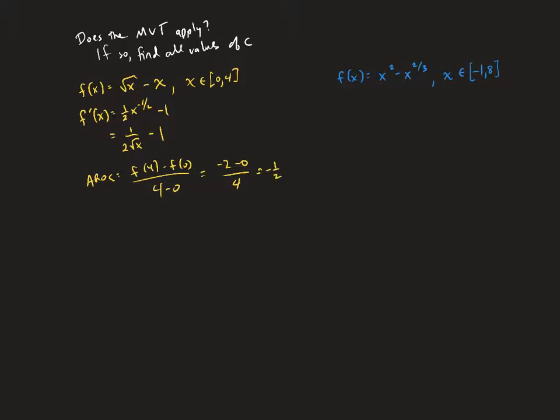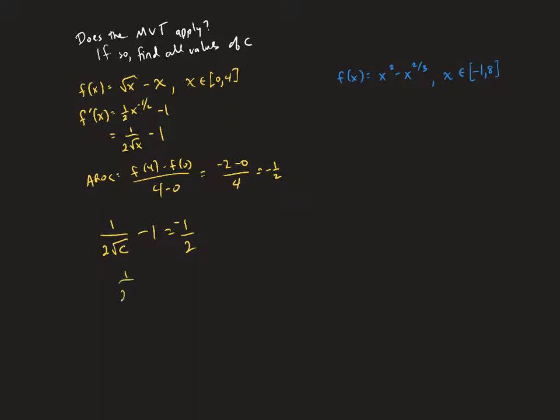So now, if I'm looking for the values of C at which the IROC equals the AROC, I'd take the derivative, plug in the number C, the letter C, and set that equal to the AROC.